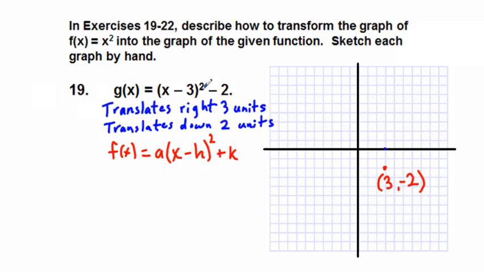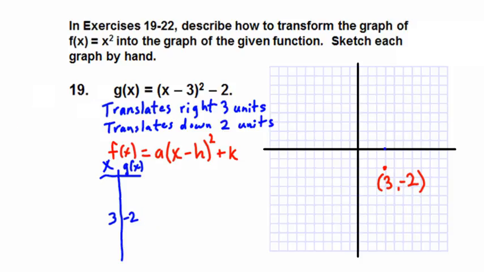Okay, so we're given vertex form. In this case, the a is 1. So I'm going to draw another quick little table like we did before. We have x, in this case g of x. We know that our starting point is at x equals 3. At x equals 3, our output is negative 2.